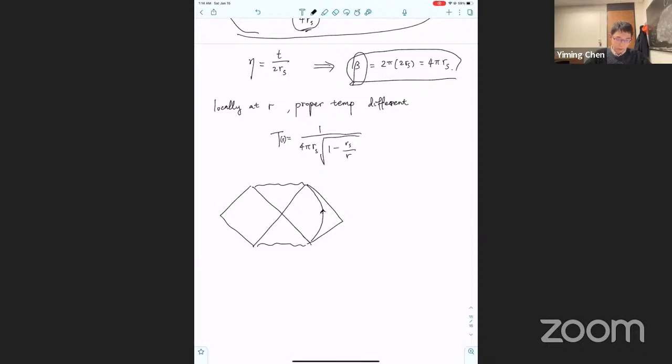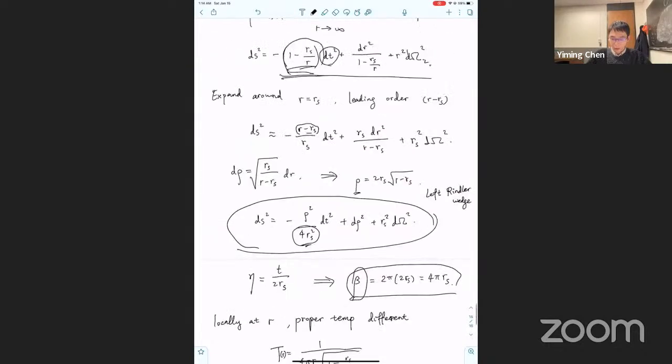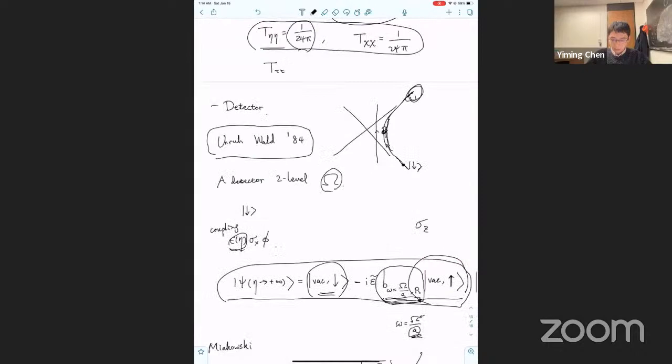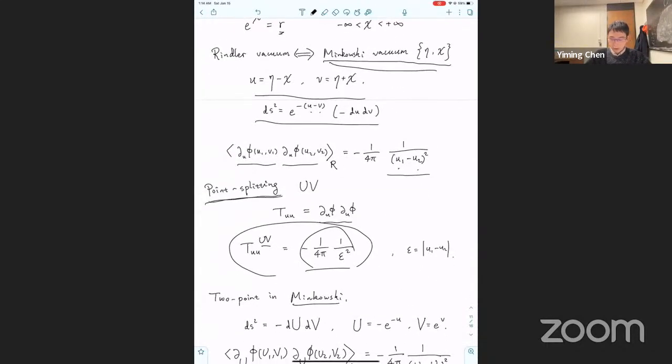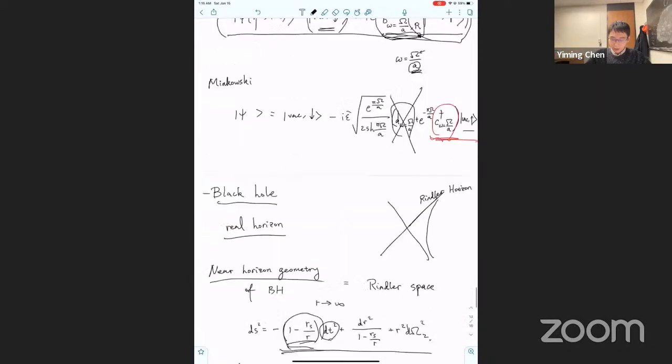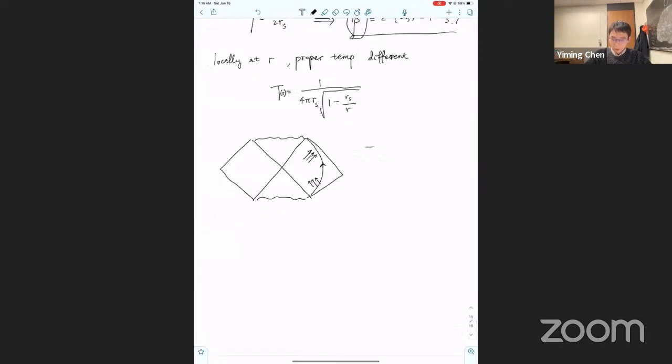In particular, this observer will see both outgoing and incoming radiation. In terms of the earlier discussion, if you remember the massless scalar point-splitting discussion, that means that this observer far away will see both T_UU and T_VV be non-zero. So the observer sees both energy fluxes.